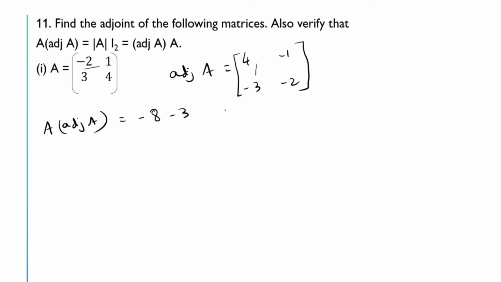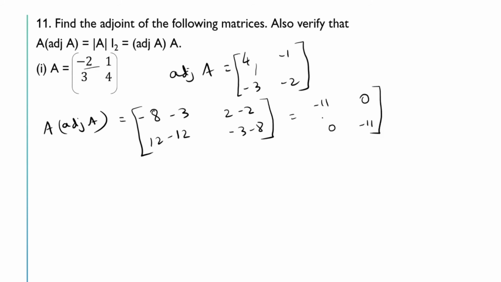Then first row of A, second column of adjoint of A, 2 minus 2, then 12 minus 12, then minus 3 minus 8. So this is equal to [-11, 0; 0, -11], or minus 11 into [1, 0; 0, 1]. So this is nothing but minus 11 into I2.